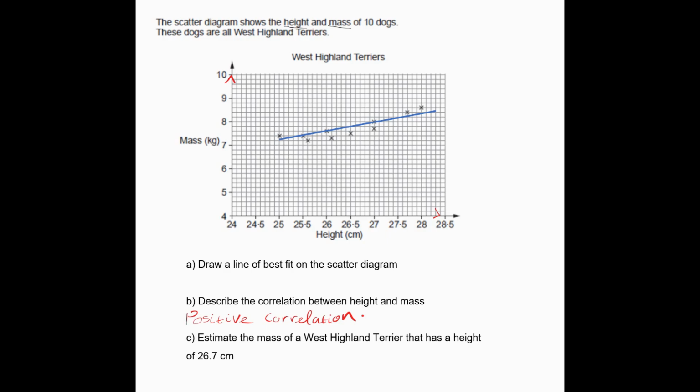26.7 is here. And what I do then, I draw a straight line up from there. And then I draw a straight line across from where the line I just drew hits my line of best fit. So there.